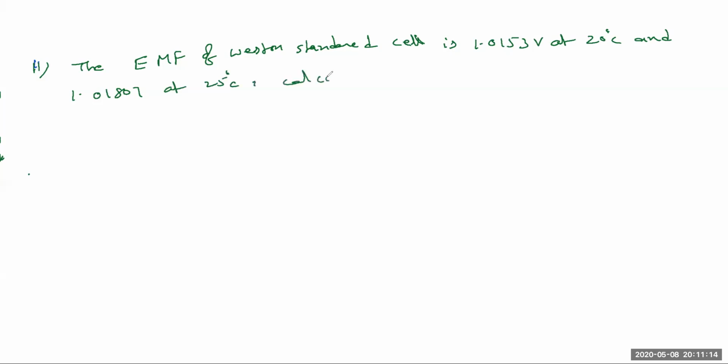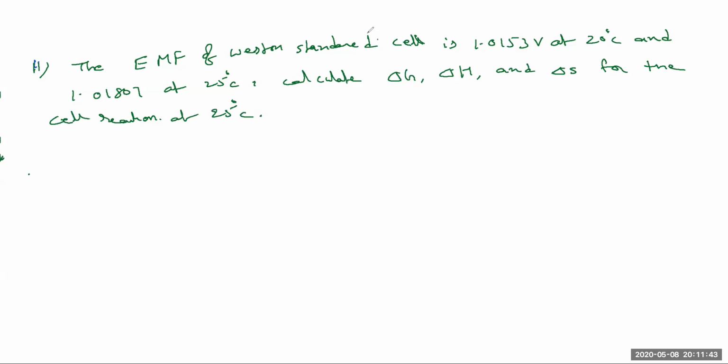Calculate ΔG, ΔH and ΔS for the cell reaction at 25 degrees centigrade. Solve it now. Read the question and try to understand.